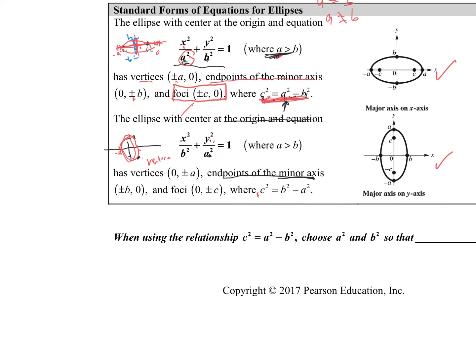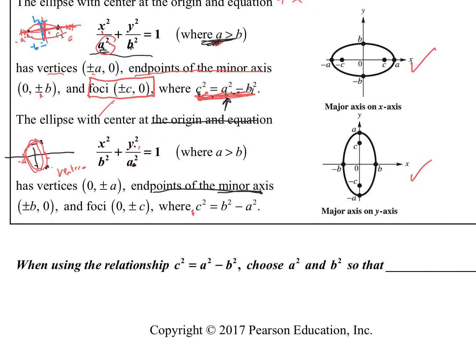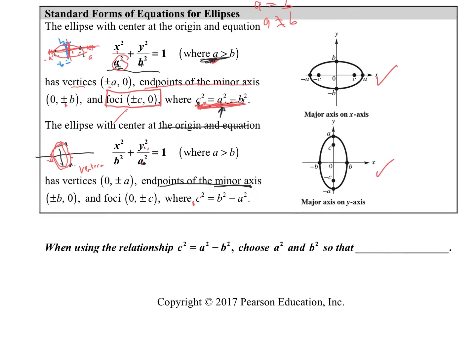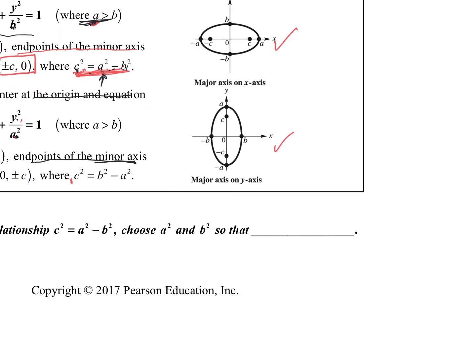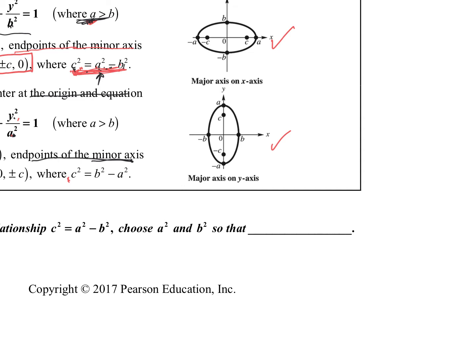You might want to write down the formulas. When using the relationship c squared is a squared minus b squared, choose a squared and b squared so that c squared has to be greater than 0. Why?